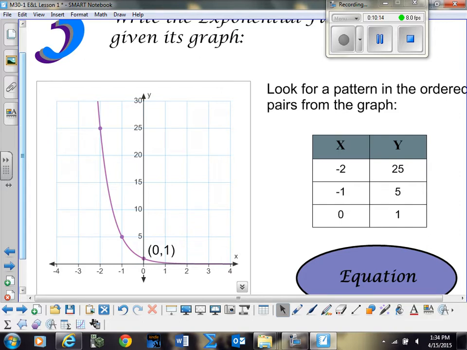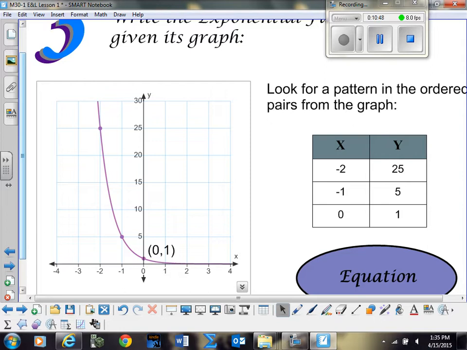So if we look at a pattern here, just by looking at this point right here, negative 1, 5, negative 2, 25, we can see what the base of the exponent will be by looking at the x value of 1 or negative 1. That's the easiest way to tell. If we have a base of 5, then an x value of negative 1 would be 1/5.